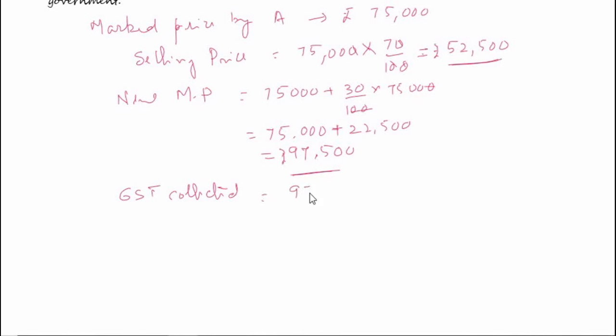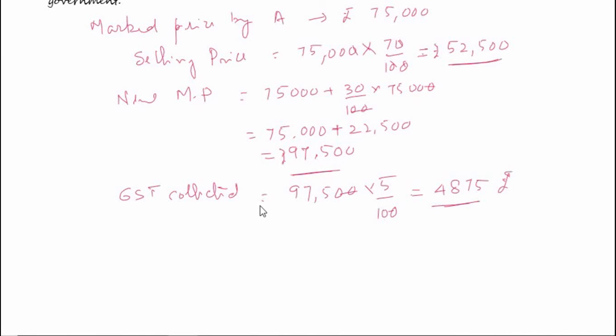So 97,500 into 5 divided by 100. So the GST here comes to 4,875 rupees. This is the GST collected by B.